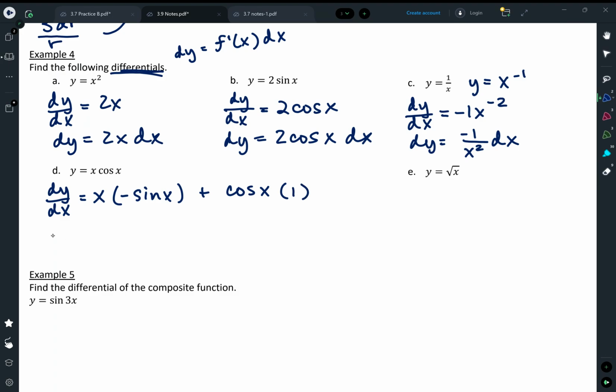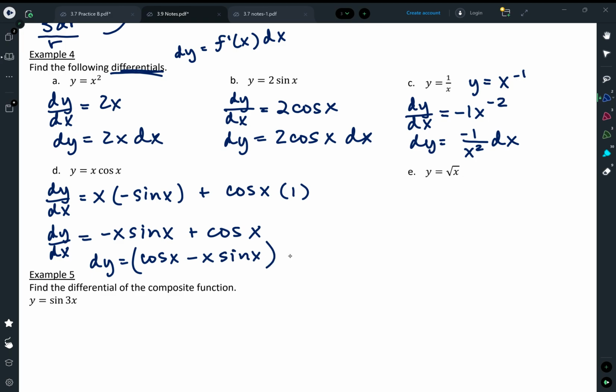And I want to shift the dx over, so I probably want to do one more step before I do that. This would be negative x sine x plus cosine x. I might even change the order just because of that negative sign. And so dy equals cosine x minus x sine x, all times dx.